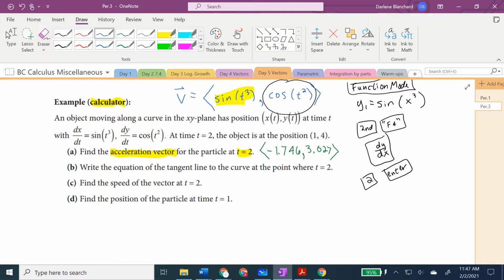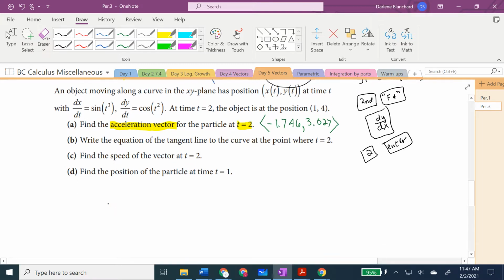With a tangent line, you're doing y minus the y coordinate equals slope times x minus the x coordinate. But be careful, because this is a little bit different when you're dealing with vector or parametric curves. You're used to putting in this spot the input variable, but the input variable now is t, not x.